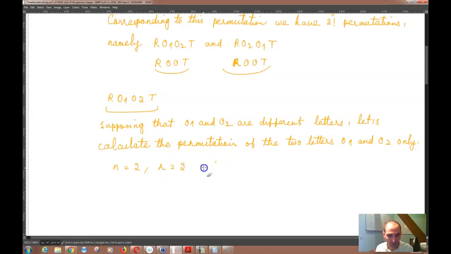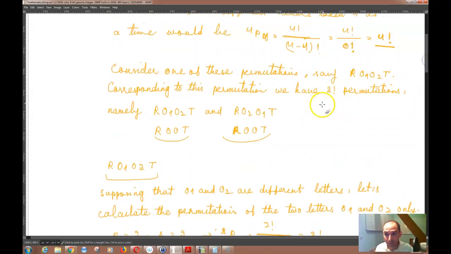So that means that I'm calculating 2 permutation 2, which is equal to 2 factorial over 2 minus 2 factorial, which is equal to 2 factorial. That's why here we said that there are 2 factorial permutations relative to these two repeating letters.